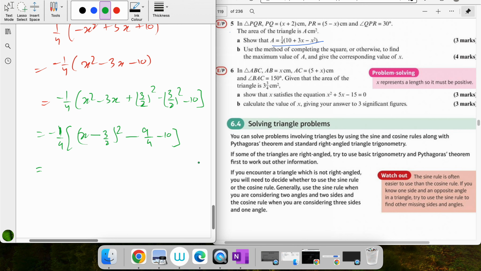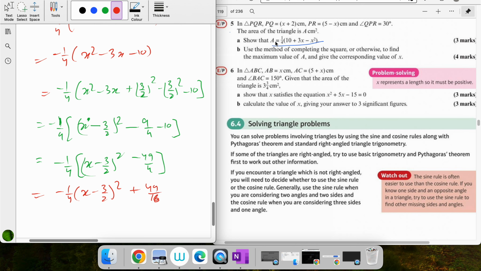This is 9 by 4 and 10, that makes it negative 49 by 4. Outside this is minus 1 by 4 x minus 3 by 2 whole squared. Now I'm bringing this negative 1 by 4 inside: negative 1 by 4 times x minus 3 by 2 whole squared, negative negative is positive, 49 by 16.